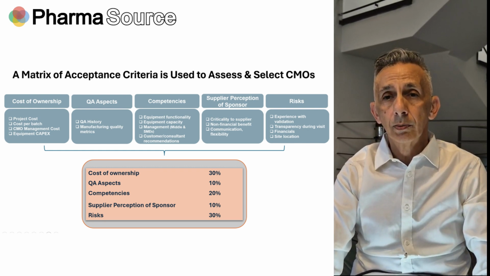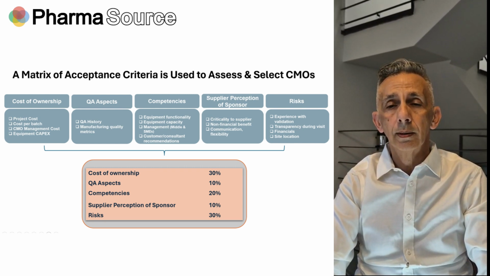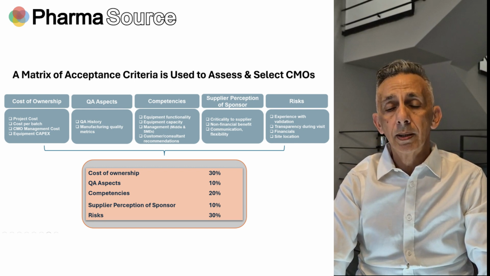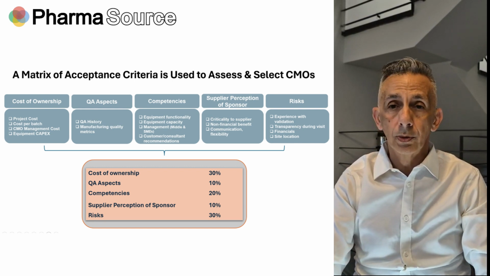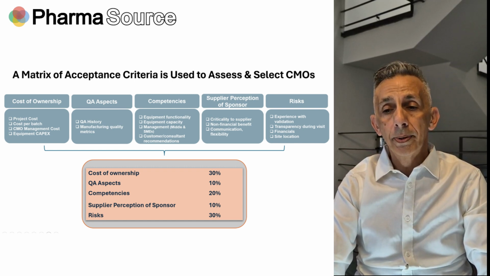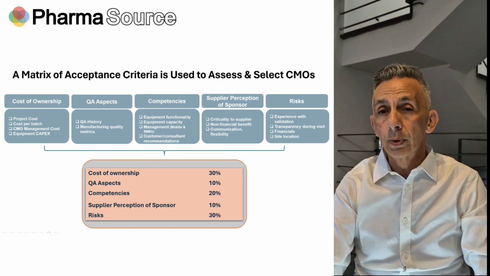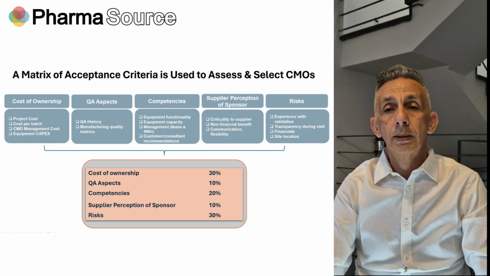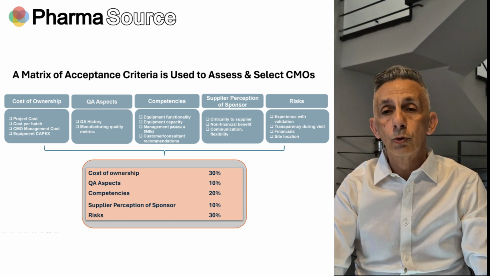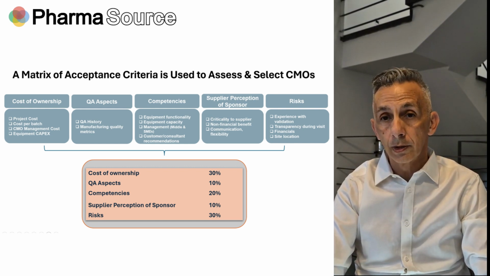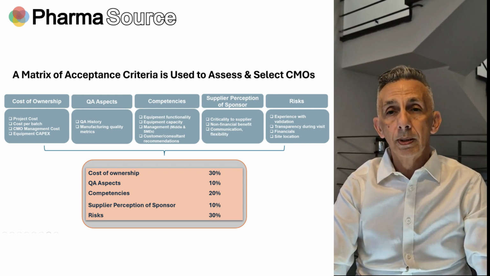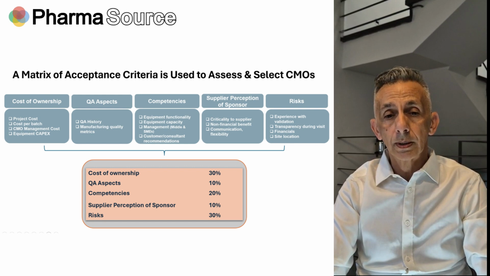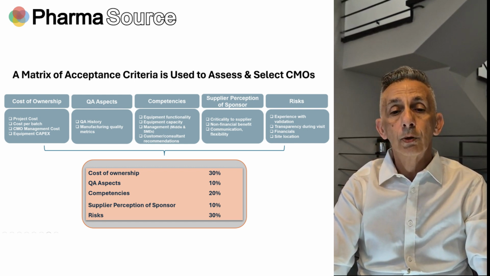For example, we decided to look at the cost of ownership, the QA aspects, the competencies, the supplier perception of our company, and the potential risk we have in choosing one CDMO and not another. For each of these topics, we are including subtopics. Let's take, for example, the cost of ownership.